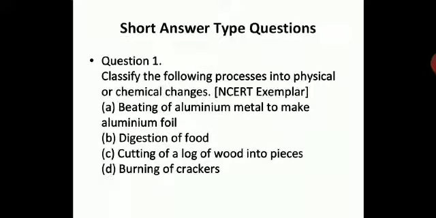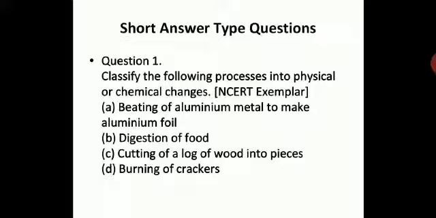What about digestion of food? When you are eating food, it goes into the mouth and your digestion process starts. The salivary glands give out saliva, and that saliva secretion helps for the beginning of the digestion of the food.